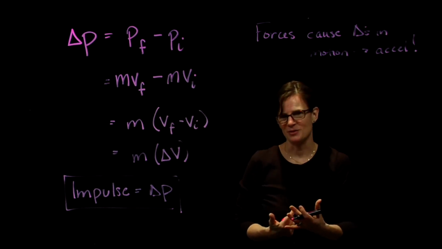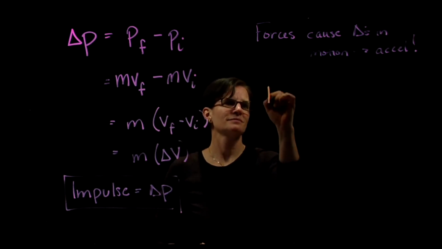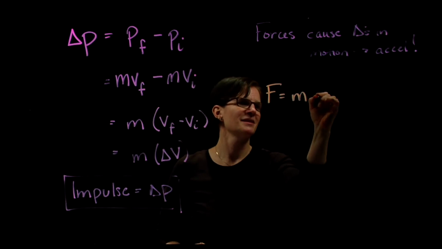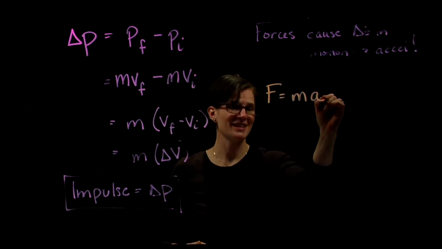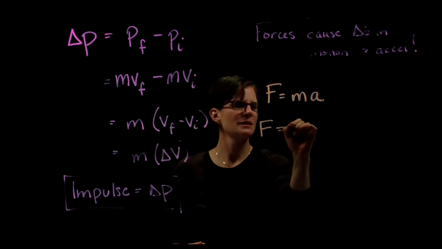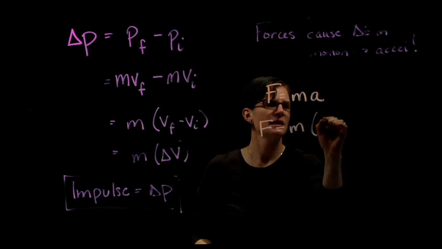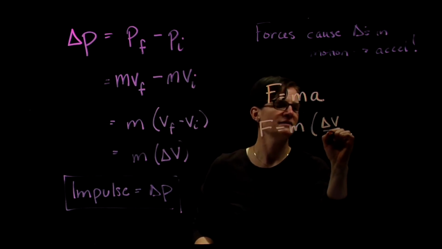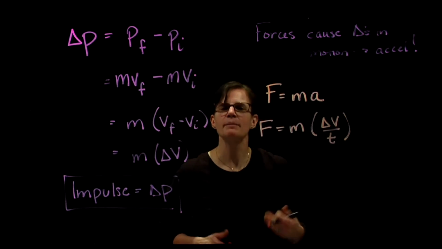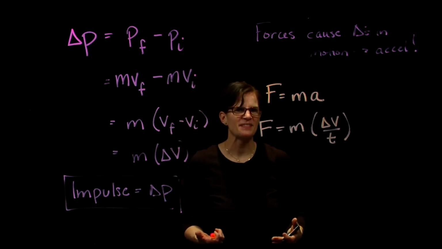So let's think about Newton's law of motion. We know that a force is equal to a mass times acceleration, right? That's Newton's second law. Well, if my force is equal to my mass times acceleration, what's my definition of acceleration? Acceleration is change in velocity over the time that change happens, the change in time, delta t.